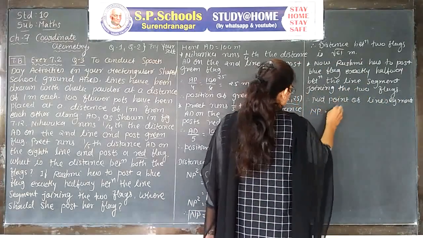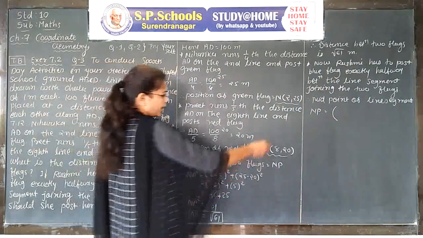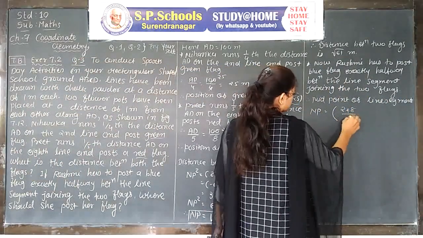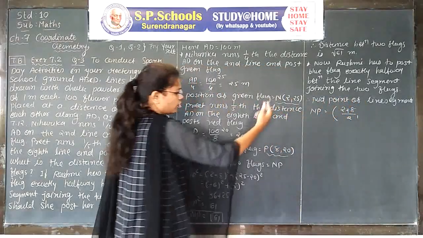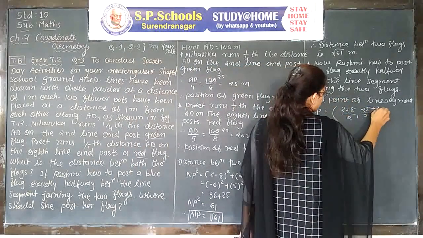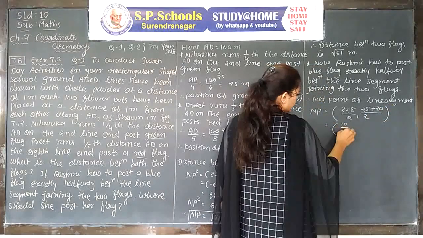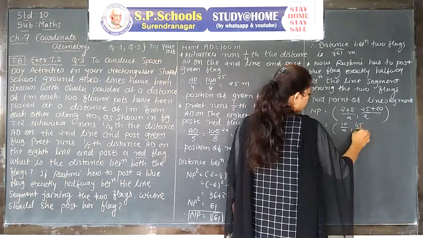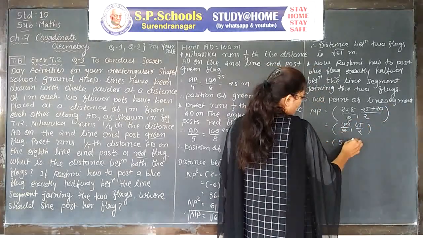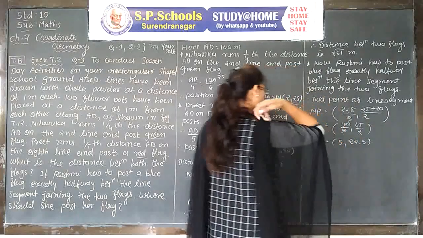NP is equal to, we know the coordinates of point N and P both. Addition of x coordinate 2 plus 8 divided by 2, and addition of y coordinate 25 plus 20 divided by 2. 2 plus 8 is 10 upon 2, and 45 upon 2. 2 fives are 10 and our answer is 5. 45 upon 2 gives 22.5.